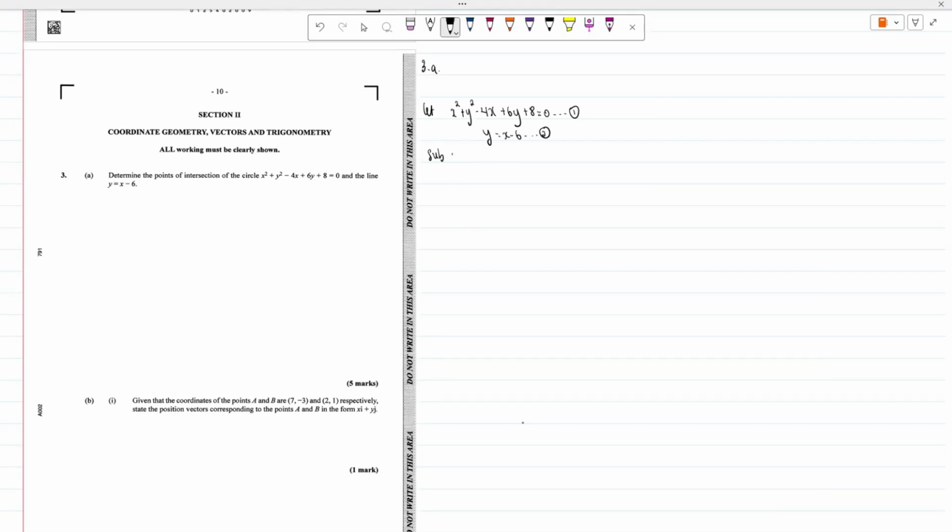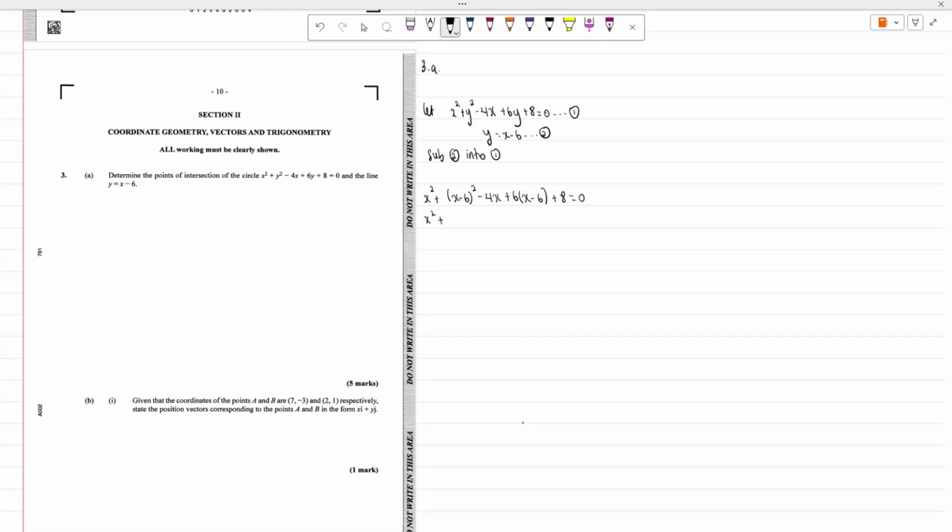Substitute 2 into 1. I'll get x squared plus y squared minus 4x plus 6y plus 8 is equal to 0.